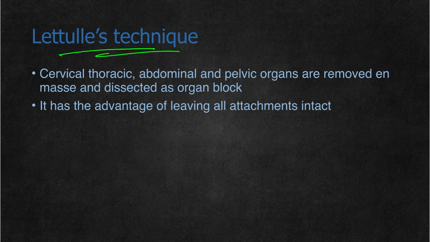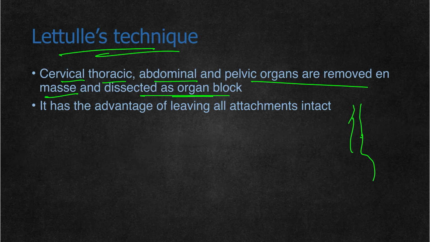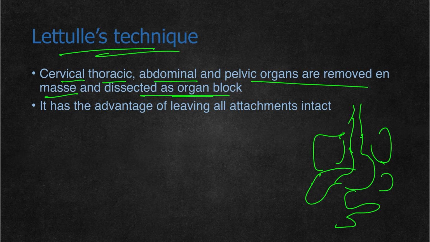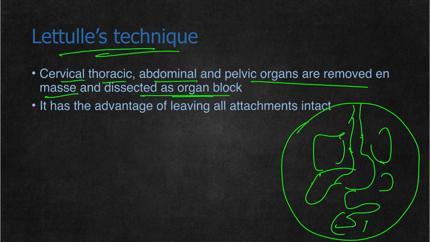Letulle's technique is the technique which is commonly preferred. Here cervical, thoracic, abdominal and pelvic organs are removed en masse and dissected as an organ block. So here the tongue, esophagus, lungs, liver, spleen, stomach, then intestines, then pelvic organs are removed as one single en bloc and dissected out.